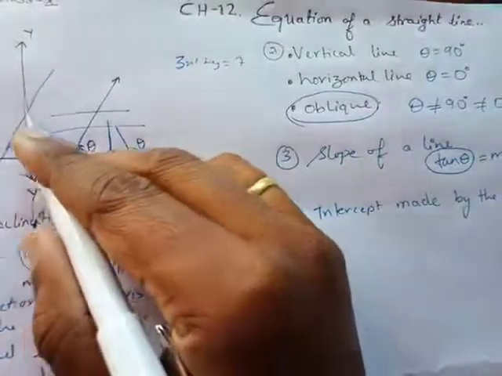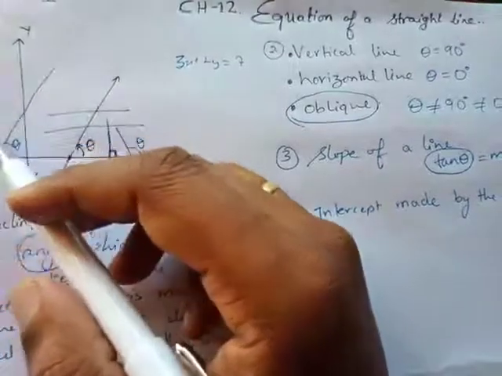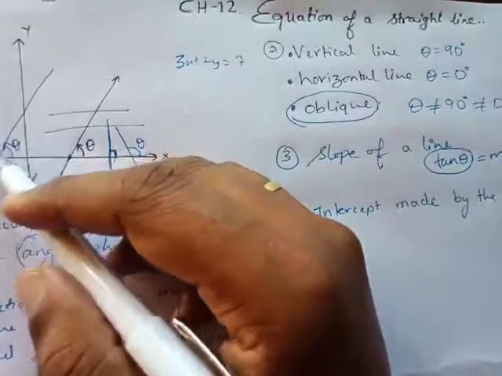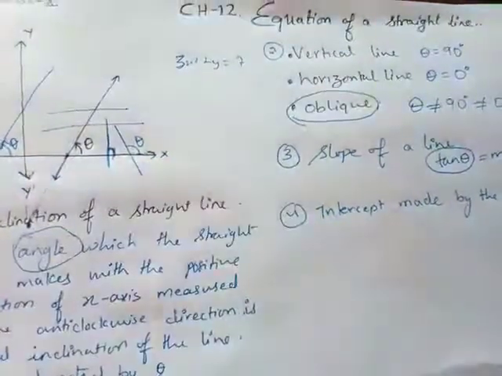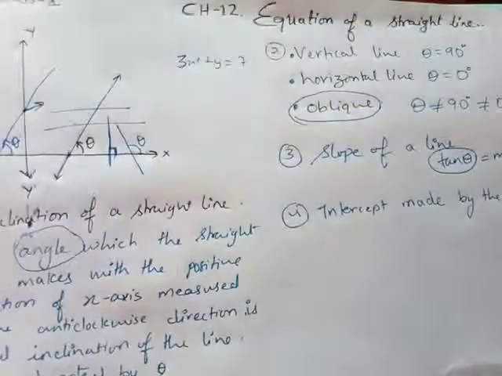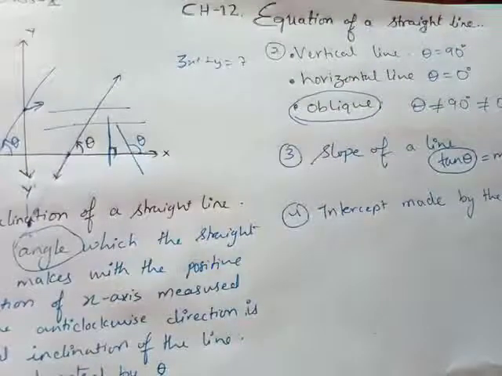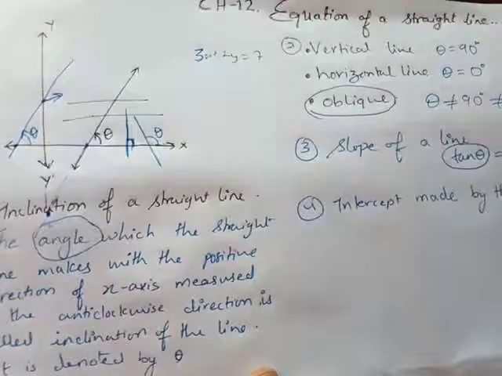For this line, this is an intercept and this is an intercept. So wherever any given equation or given line is intersecting the y-axis and x-axis, that is called the intercept made by the line. These are the points where the line intersects the axes. Okay, so that is the intercept of a line.